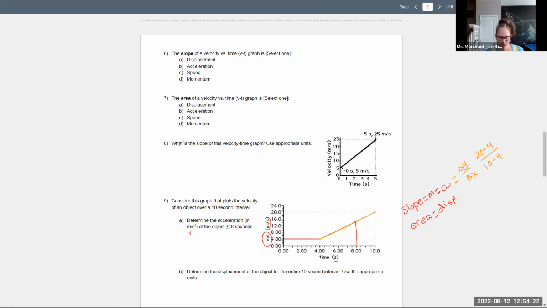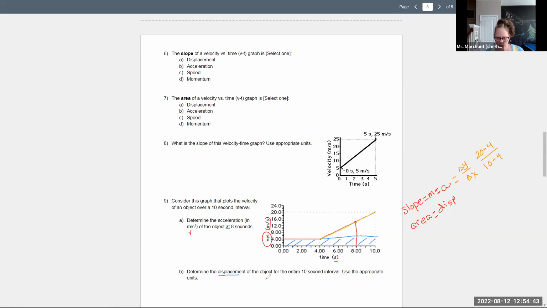How about D? Determine the displacement. Displacement is the area for the entire 10-second interval, so we need an area. We're going to break this down. It's not a function, so calculus isn't going to be as helpful. In fact, I would still be doing it this way even with calculus.